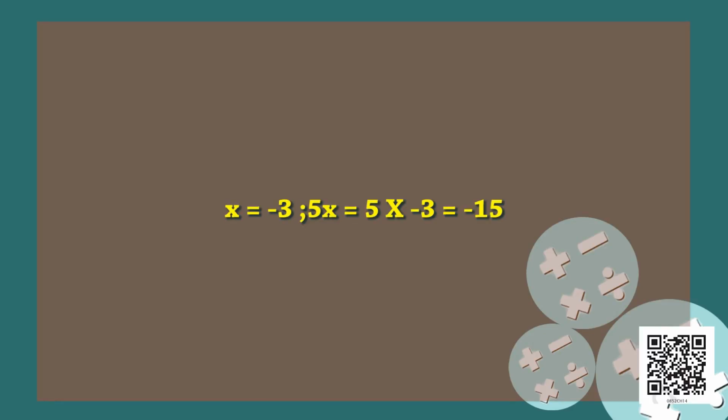Therefore, for x is equal to minus 3 means we have to multiply 5 into minus 3. He did it 5 minus 3, that is the mistake he did. Therefore, what exactly we have to do? Let us see. For x is equal to minus 3, 5x is equal to 5 into minus 3, that is equal to minus 15. This is the correct answer.